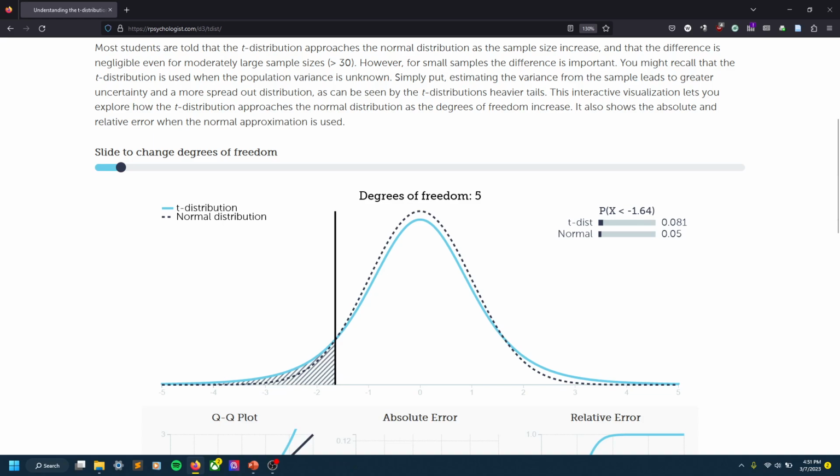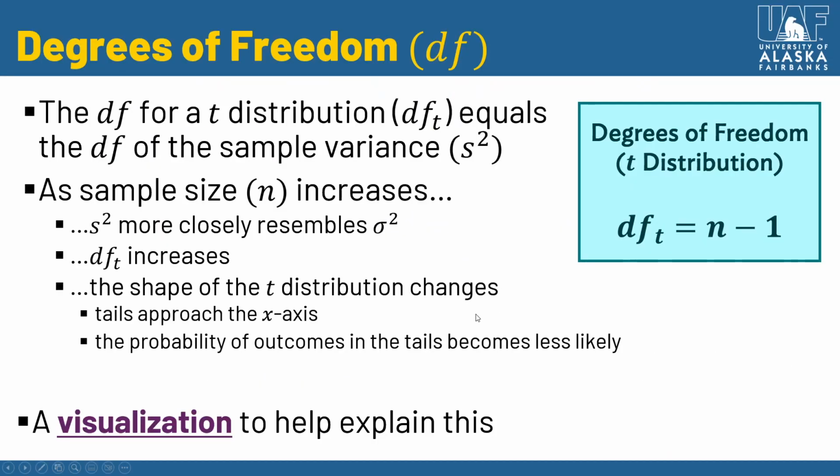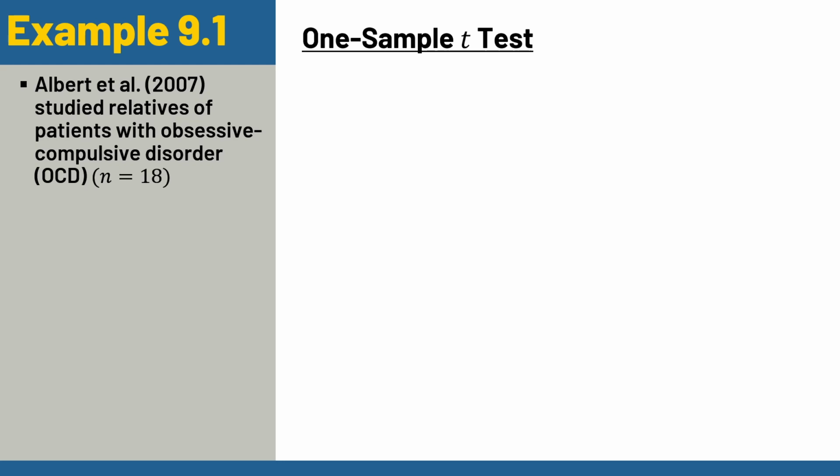Okay, let's go back to this. So that's essentially what's happening in the t-distribution here. Hopefully that visualization helps to explain that a little bit, and I'll make sure to post that link for you in Canvas.